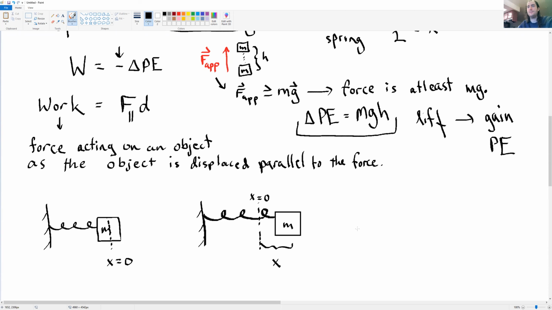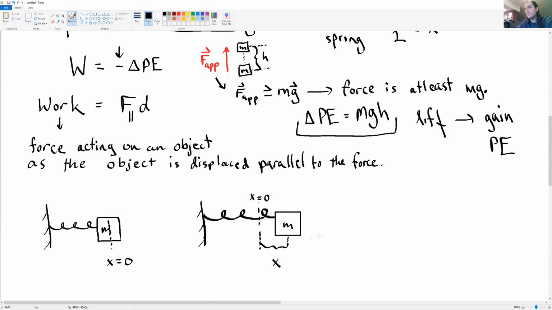This is a mass m. So we've stretched it a bit. Notice that I always reference the stretching with respect to the center of mass. So here's the center of mass right here. Same with h up here. Notice that h is always with respect to the center of mass.